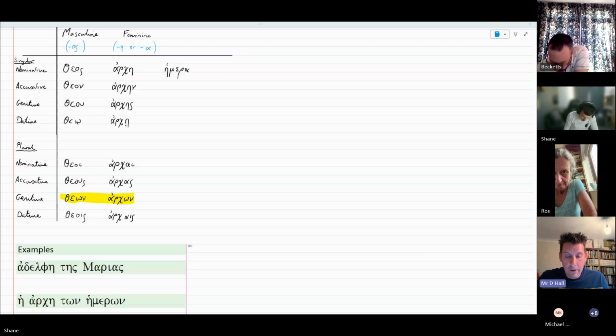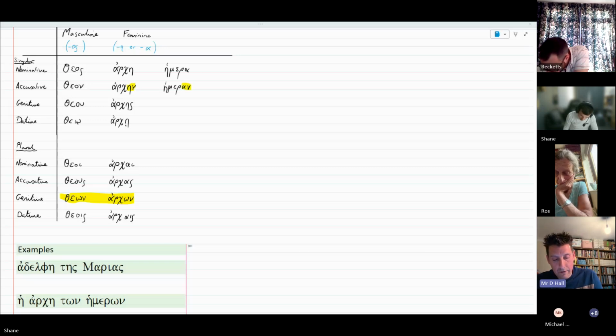So for hemira, now we just got alpha in the start of the word. So it's going to be very similar. So hemiran. So the accusative singular, notice the similarity here, but we're just using an alpha instead of an eta.